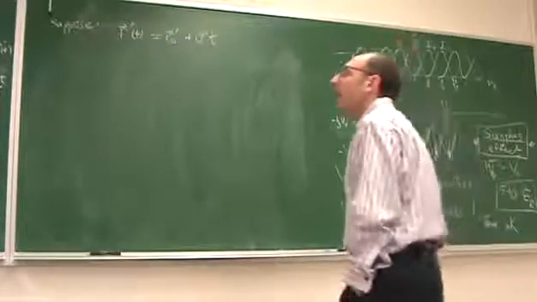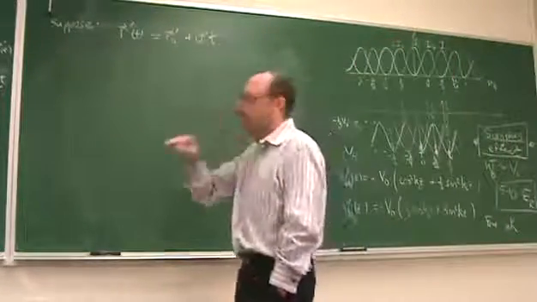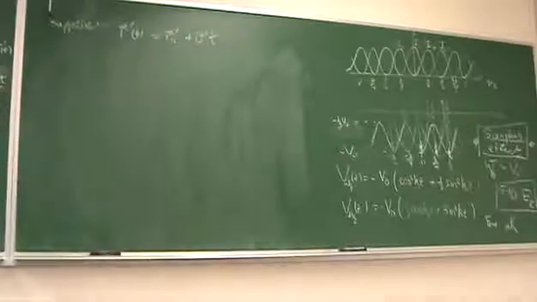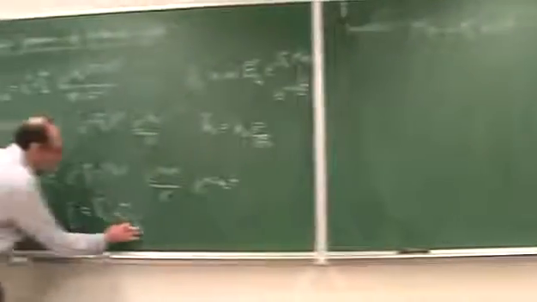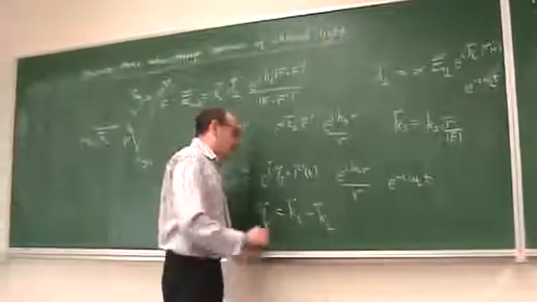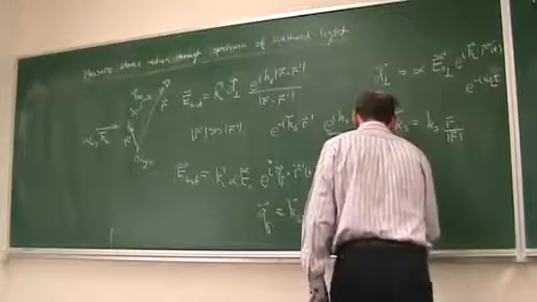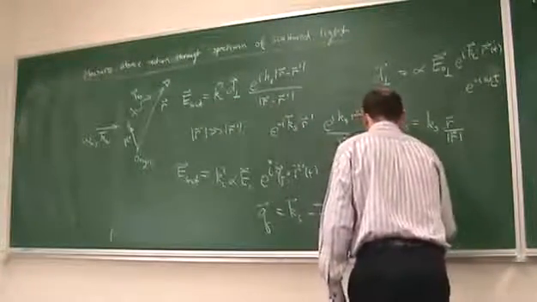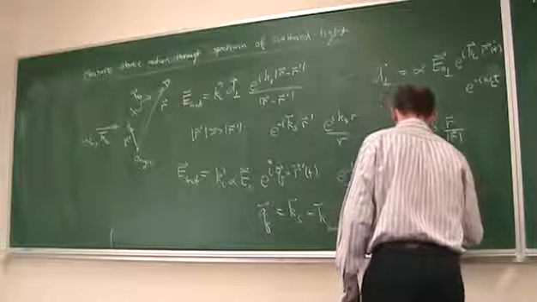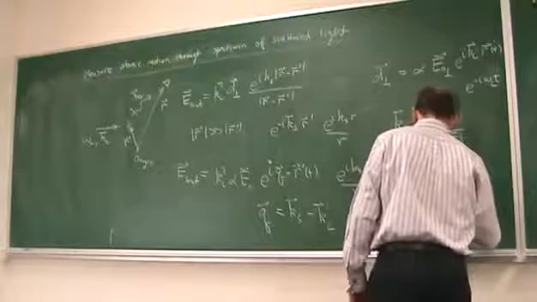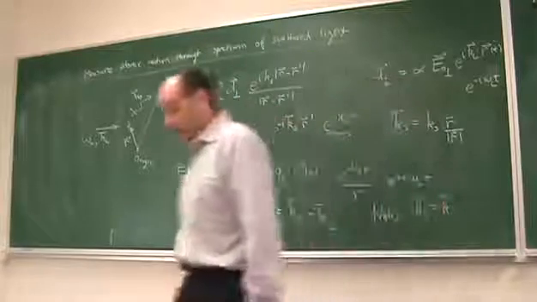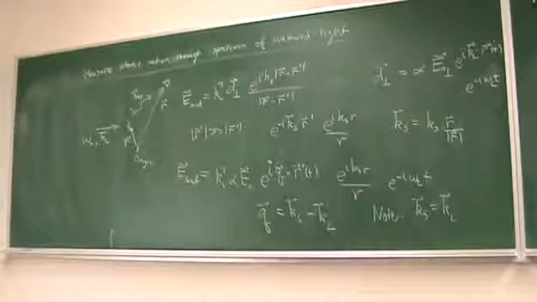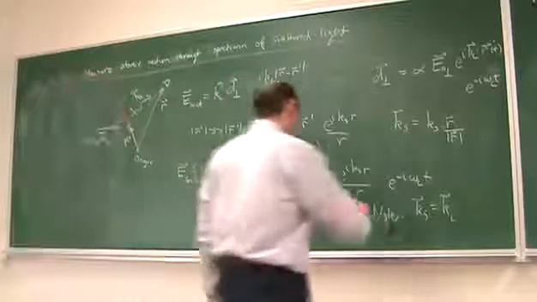I guess before I do that, I should say one thing right away. Notice that for forward scattering, that is to say, if the scattered wave vector is equal to the incident wave vector, then Q is 0.